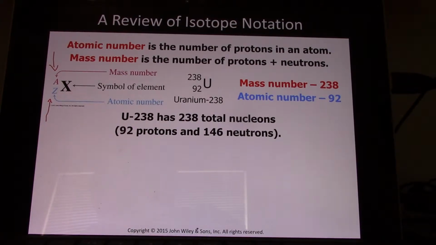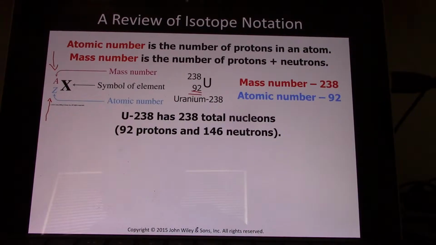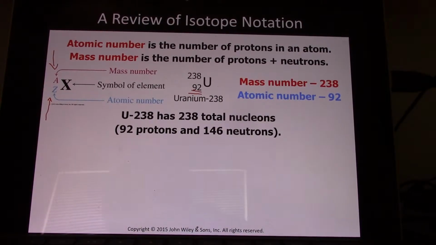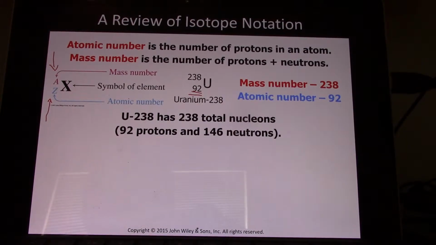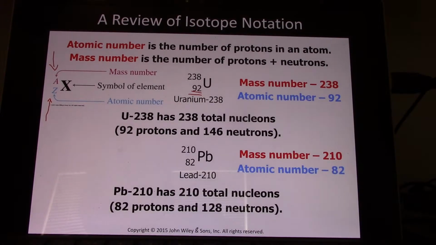Uranium-238, therefore, has 92 protons because we see 92 in the lower left. Protons plus neutrons is 238. To find just neutrons, we take the mass number minus the atomic number: 238 minus 92 gives us 146.